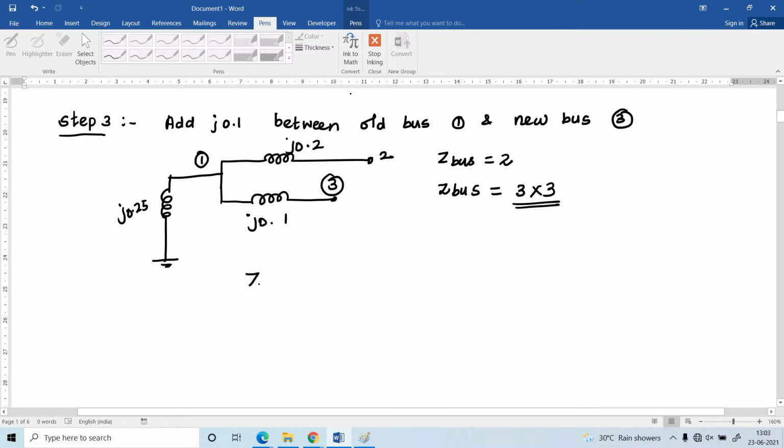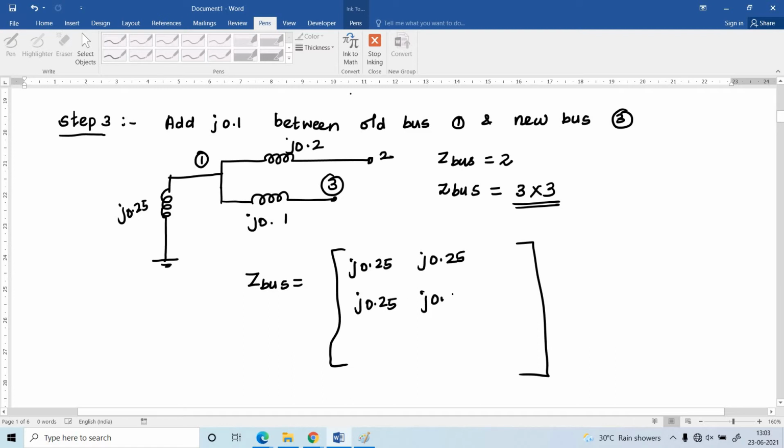How to find this? ZBUS is equal to, first of all, I am going to write the previous old matrix: J0.25, J0.25, J0.25, here J0.45. This is bus number 1, bus number 2, bus number 1 and 2. Now I am going to find out for bus number 3. What do I have to do? Here 1 and 3 are connected, so column number 1 is copied.